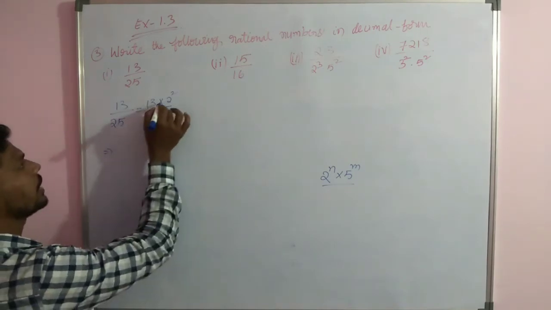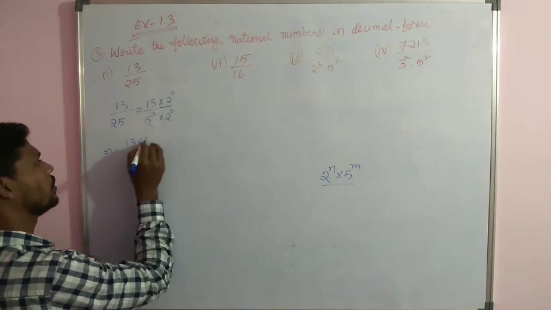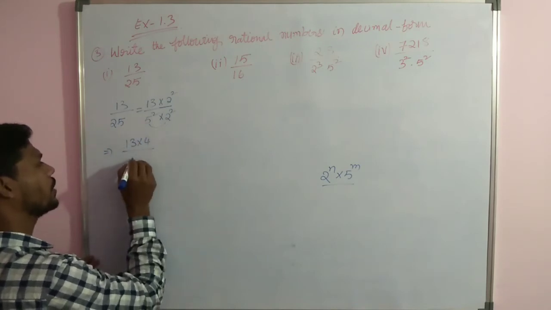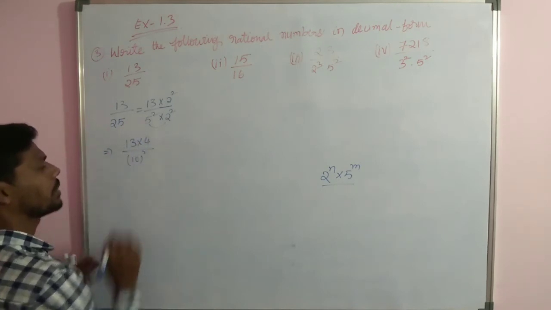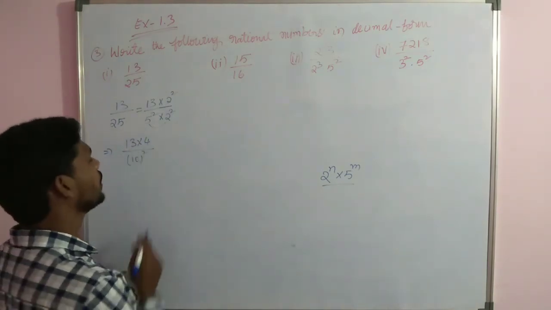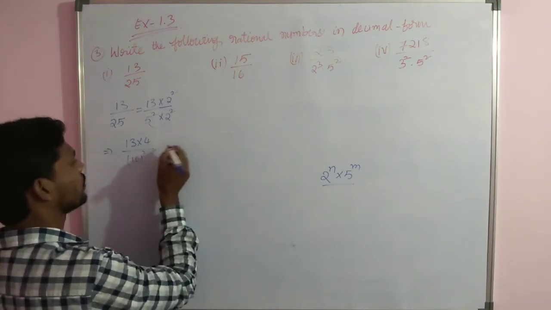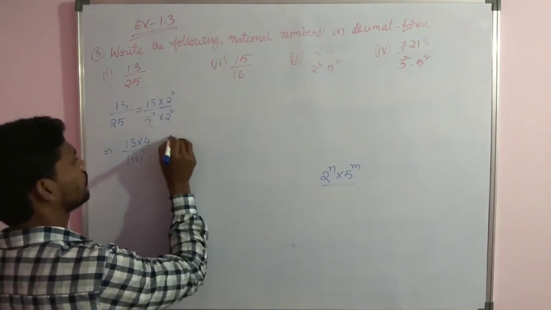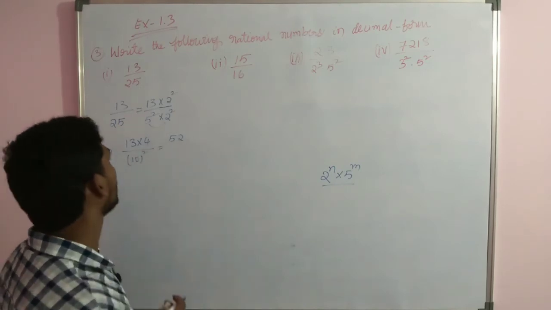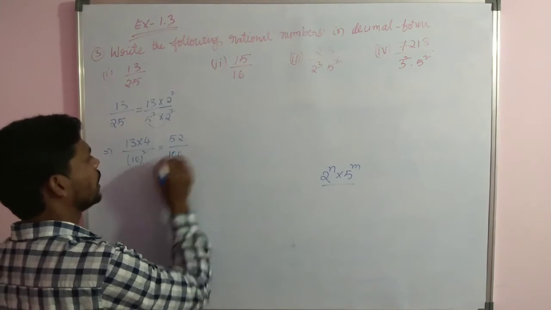So 13 into 2 square, that is 4, divided by 10 square. 13 4s are 52, divided by 10 square, which is nothing but 100.